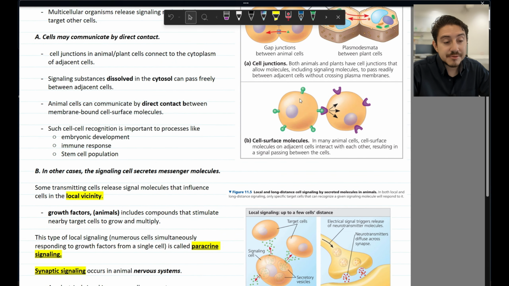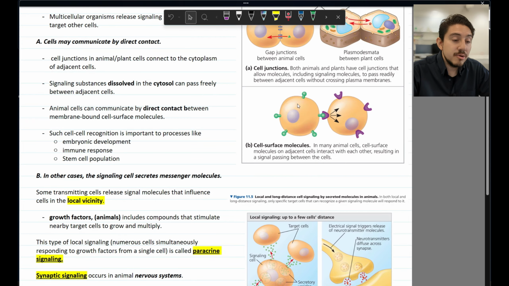You can also have direct contact where you have some molecule in one animal cell, and that molecule can directly bind to another cell that has some type of receptor molecule, and that can enable a response within that receptor cell.